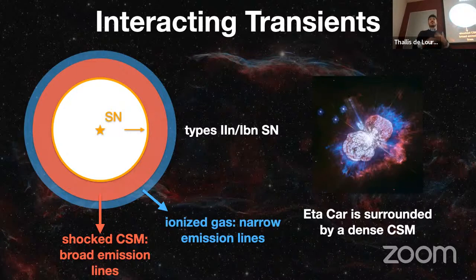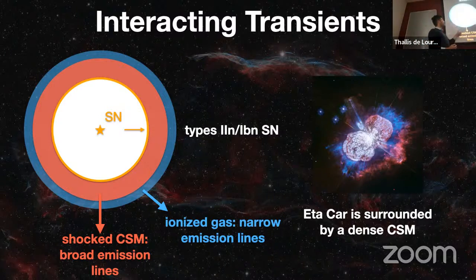When some supernovae happen inside this very dense material that was generated by previous explosions and ejections, the ejecta of the supernova interacts with this circumstellar material, and it will generate these very characteristic emission lines that we observe in their spectra.